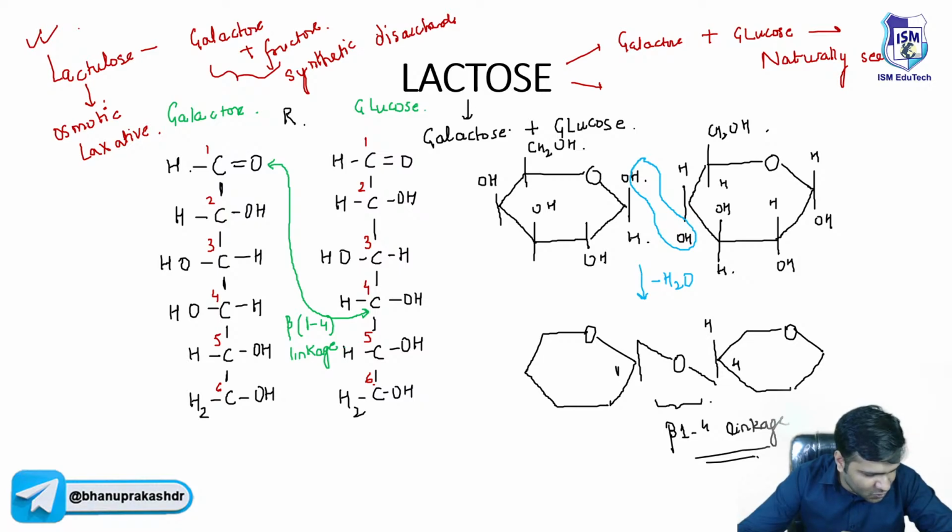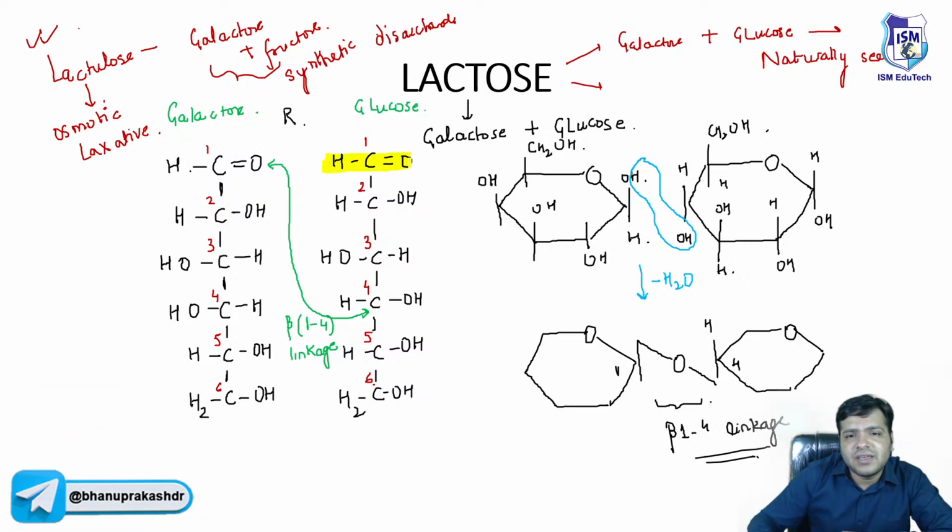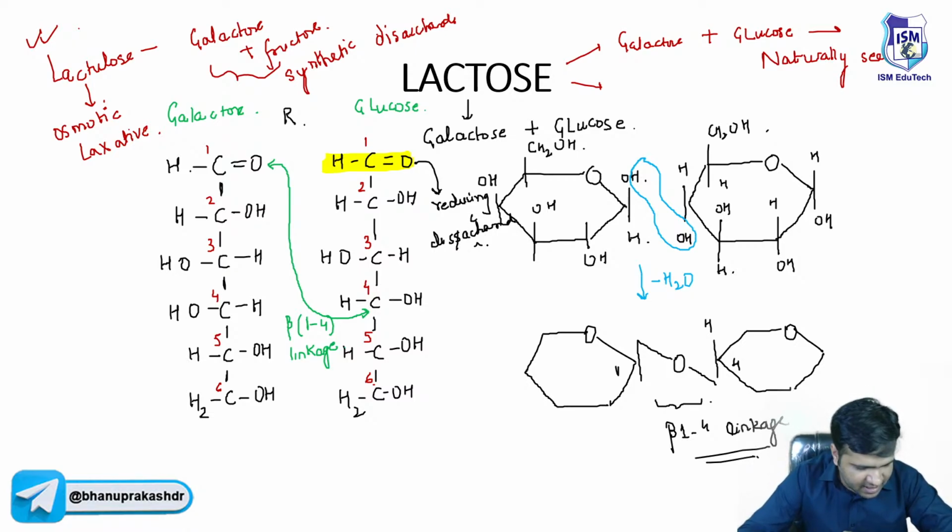Kriti says glucose. Very good, beta. The free functional group you can easily see in the glucose over here. That's why it is a reducing disaccharide.